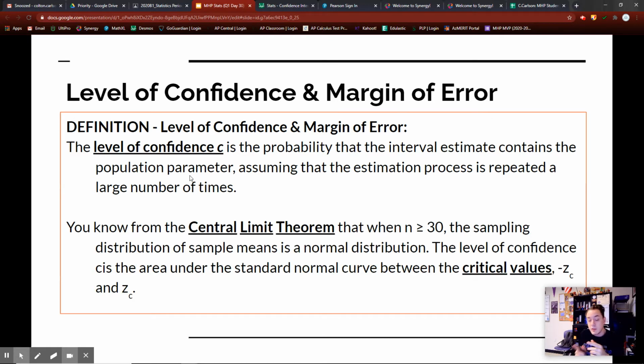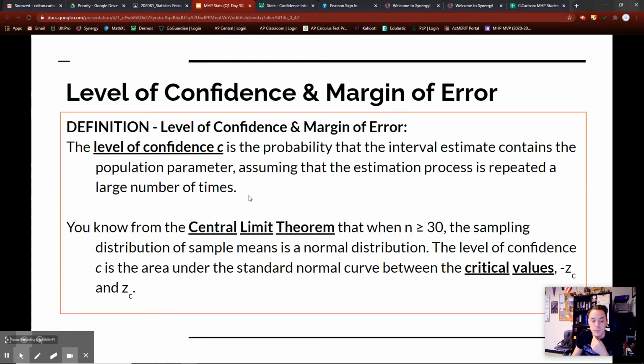You know from last week from the central limit theorem that when n is greater than or equal to 30, the sampling distribution of the sample means is a normal distribution. Even if we don't know the population parameters and whether or not it's normally distributed, as long as our sample n is greater than 30, it will approximate a normal curve.